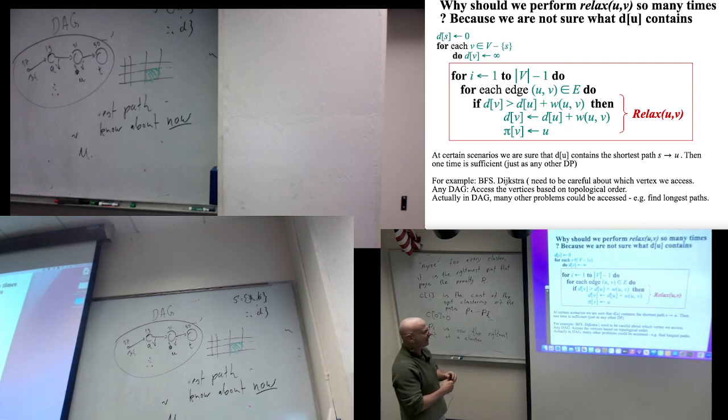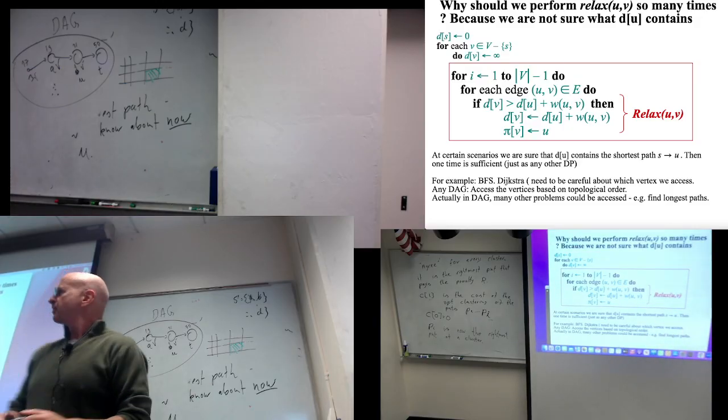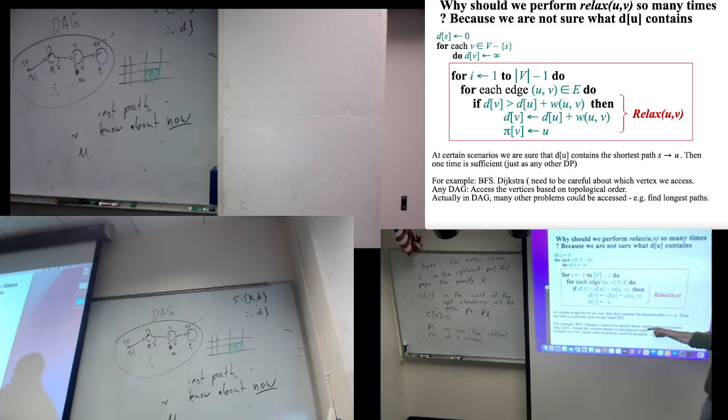You get some DAGness, and it happens numerous times. There are plenty of problems that you can solve in a similar way in a DAG, and you cannot solve in other graphs. Like, if I'm trying to find the longest path, what is the longest path that starts at S?